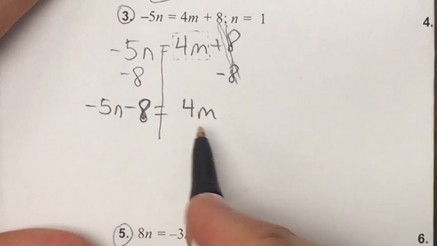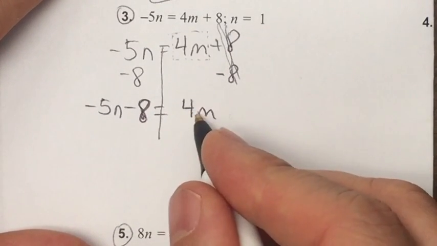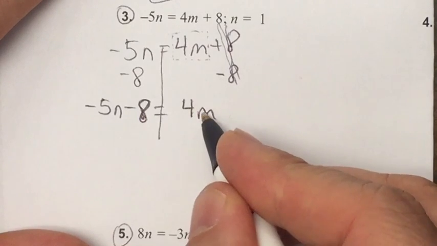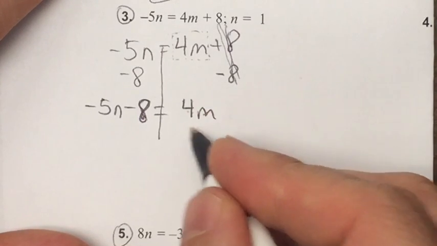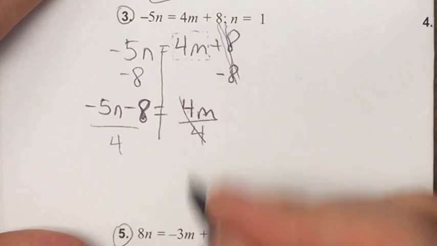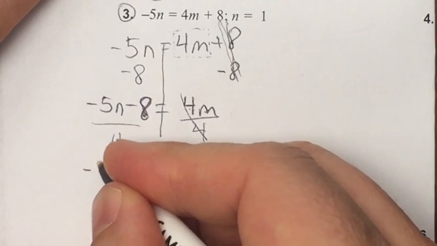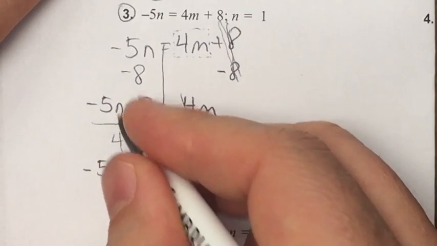Okay, now that I have the m term isolated, now I can go ahead and get the m by itself. What's going on here is multiplication. 4 times m. The opposite step would be divide both sides by 4. So I divide by 4. What I have here is negative 5n over 4.